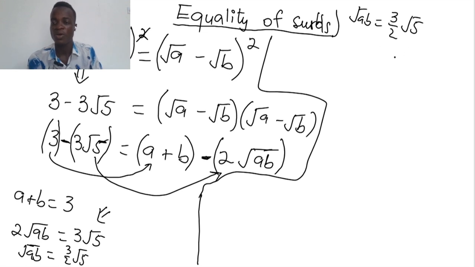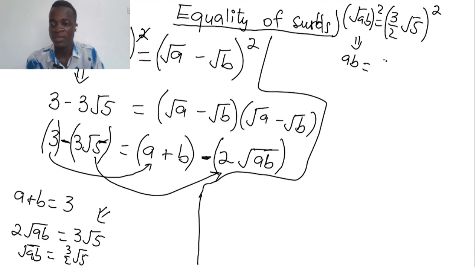We need to eliminate the square root. So what we have to do is equate both sides again. So square those sides, and here you square both sides. At the end of the day, this one will just give us ab, and the other side will give us 9 over 4 times 5, because this is multiplication.